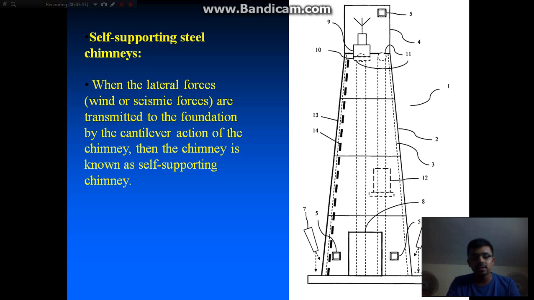So based on this cantilever action of the chimney, it transfers the lateral forces, in terms of wind or seismic forces, to the foundation. Only this chimney is called a self-supporting chimney, as it supports itself with the help of this cantilever action.